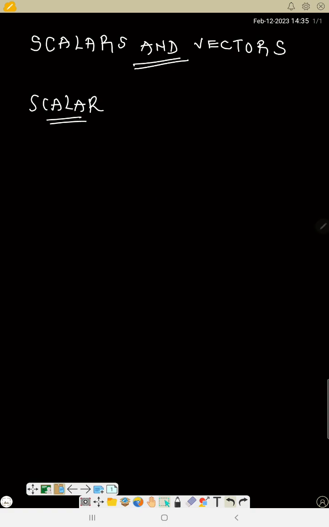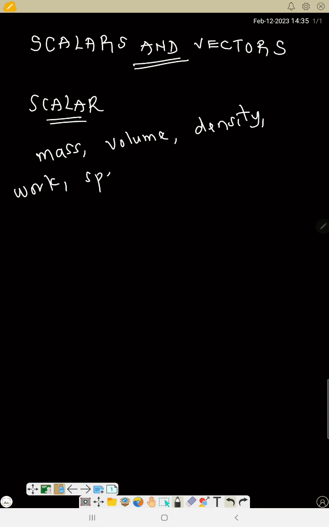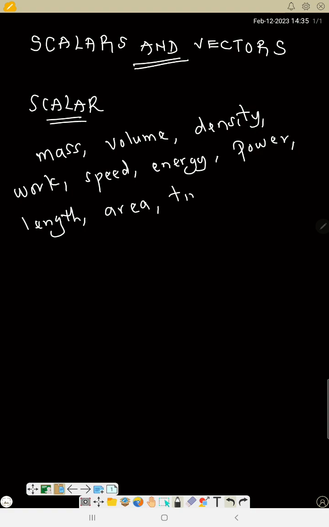The examples of scalar quantities are mass, volume, density, work, speed, energy, power, length, area, time, temperature, distance, electric current.